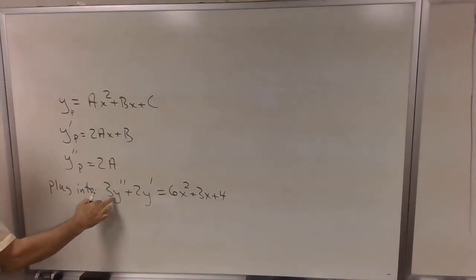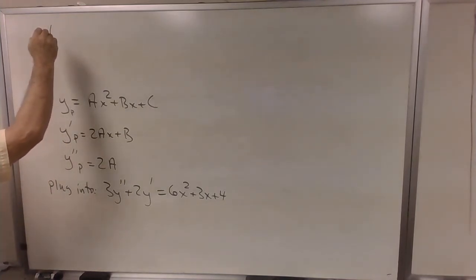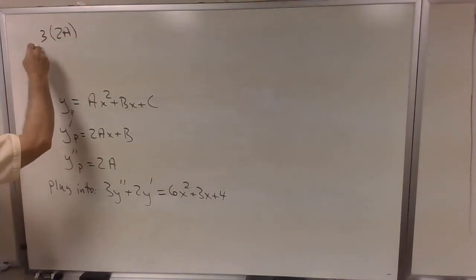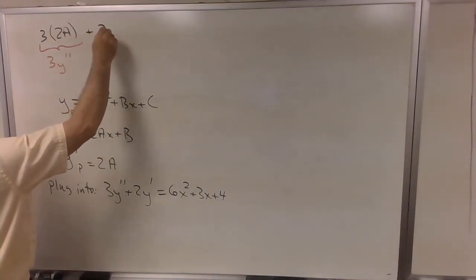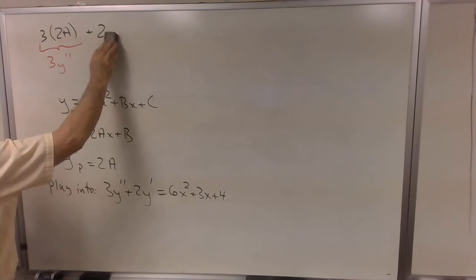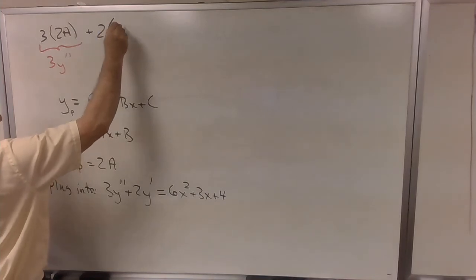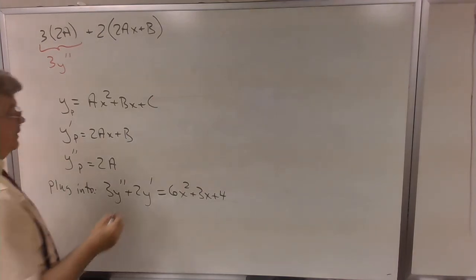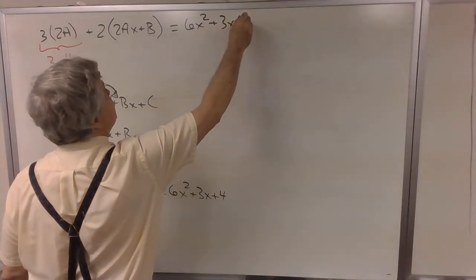We get 3y double prime, so that's 3 times 2a. And we get 2y prime, which is 2ax plus b. And this is going to equal 6x squared plus 3x plus 4.